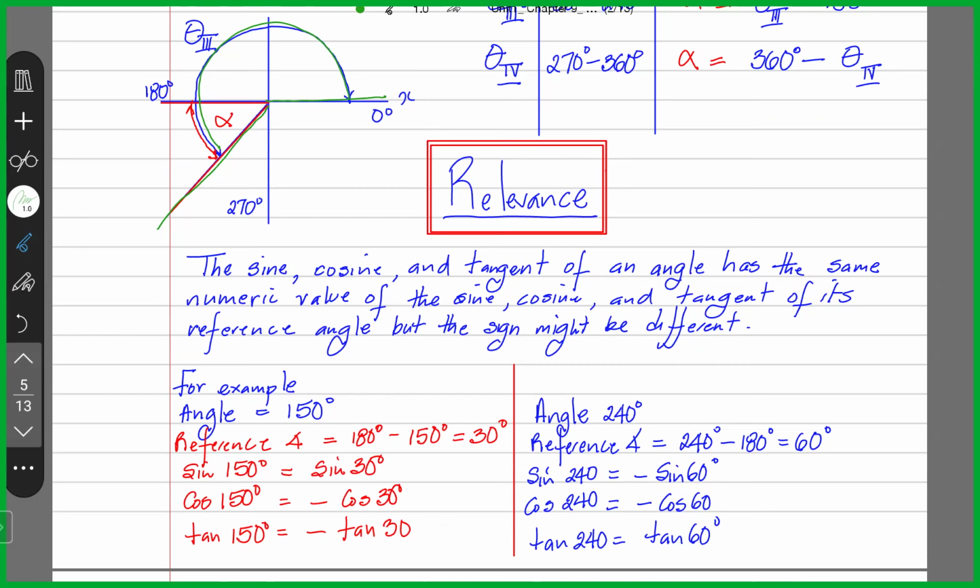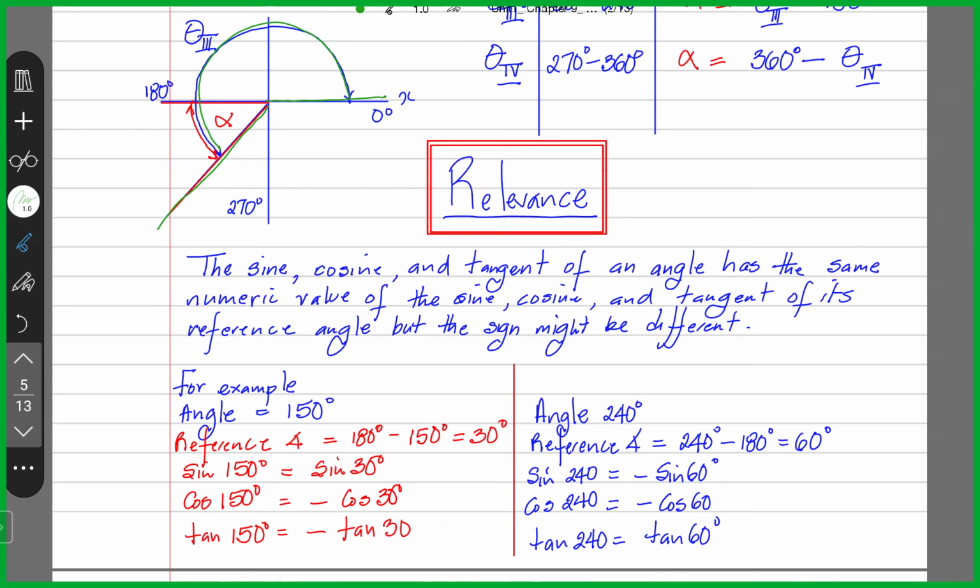What else? Continuing an example, 240 degrees. 240 degrees is in the third quadrant. The reference angle would be 240 degrees minus 180 degrees, which is 60 degrees. What is the relevance? The sine of 240 degrees is minus the sine of 60 degrees. 60 degrees is its reference angle.